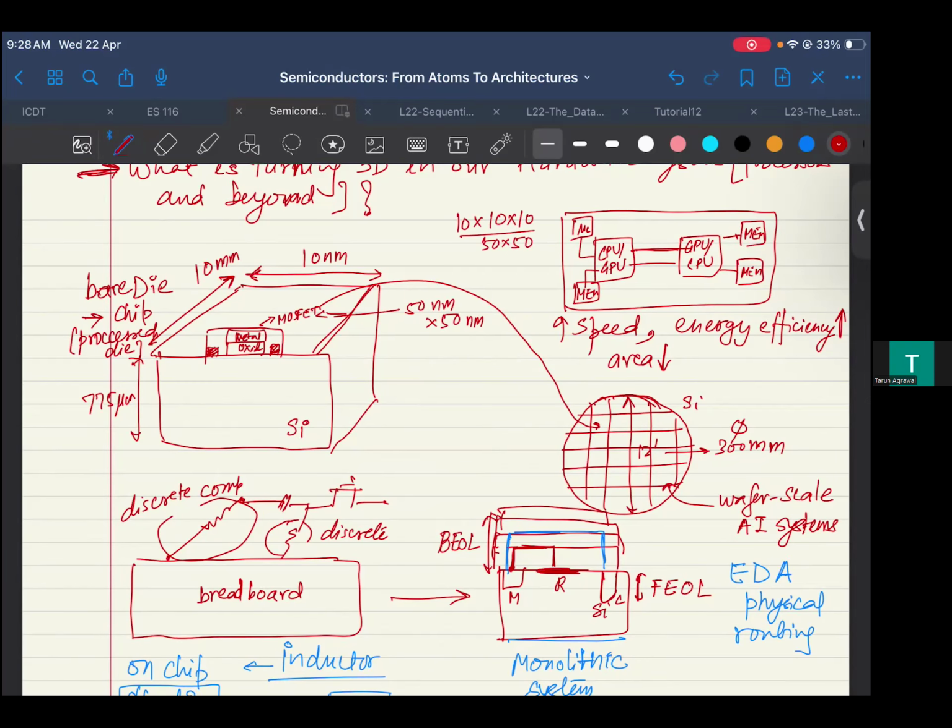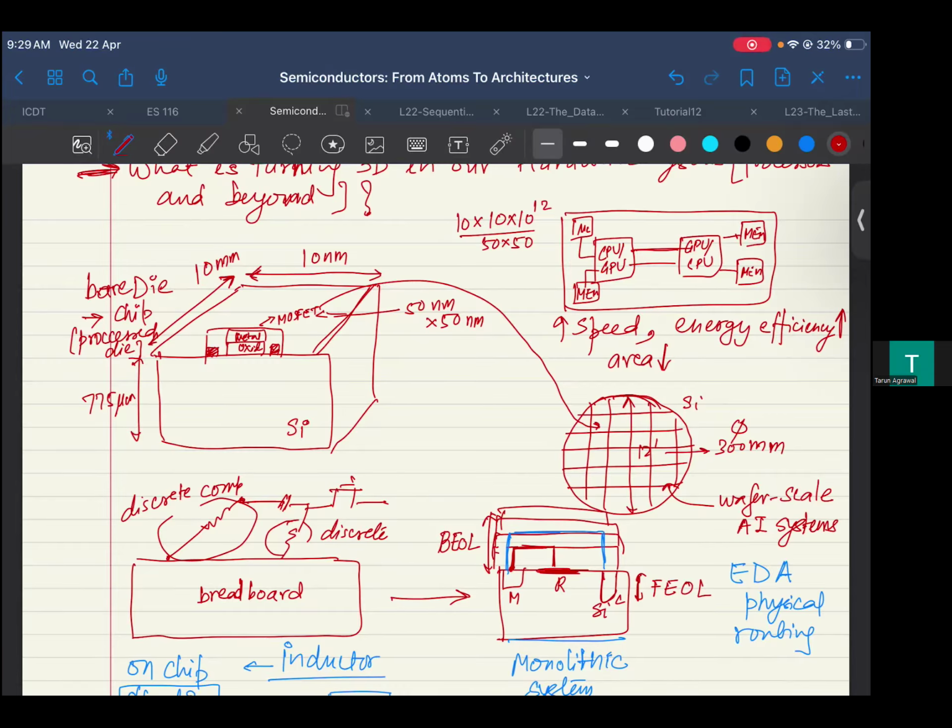Each is 10 power minus 3 over 10 power minus 9, so you can calculate how many transistors. You already see that you are somewhere in the billions, billions of transistors on the chip. That's what you hear in current technology, that there are billions of transistors on the chip, because your die area is very large.